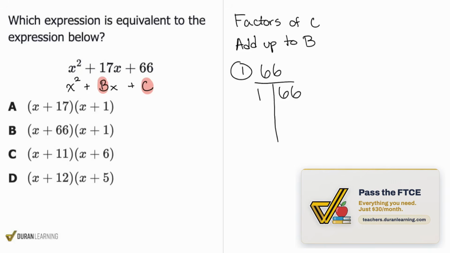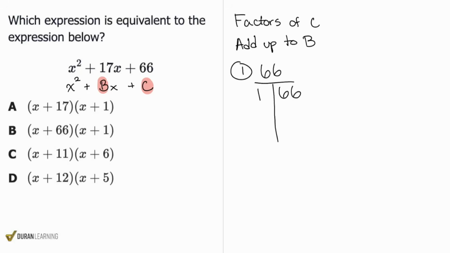Start with that first, because then you're going to ask yourself, hey, does this add up to b? And in this case, b is 17. Everybody, yes or no, does 1 plus 66 equal 17? Absolutely not. So we can tell already that this won't work.